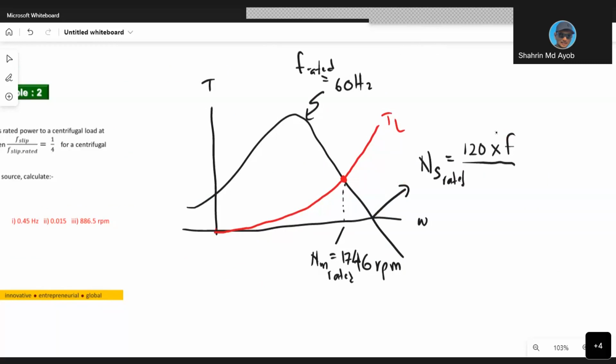Rated synchronous speed. So 120 multiplied with the frequency rated over the number of pole. You should get berapa? 1800 RPM. So this is the synchronous speed.